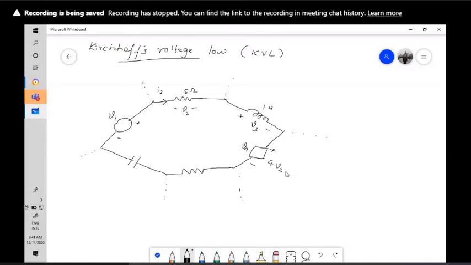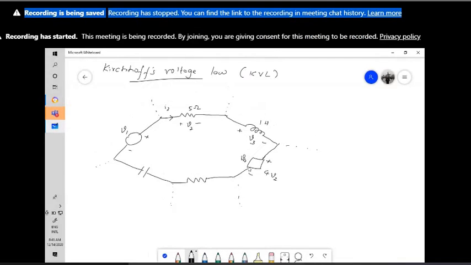So this will be 4 times V2, and V2 is already here. Therefore this voltage source is a function of this particular voltage. And then you have another voltage drop here, V5, across this 3 ohm resistance. And let's say you have a 1 by 5 farad capacitance here.